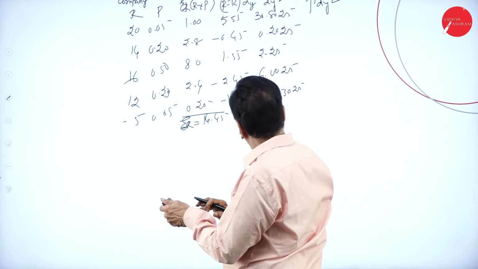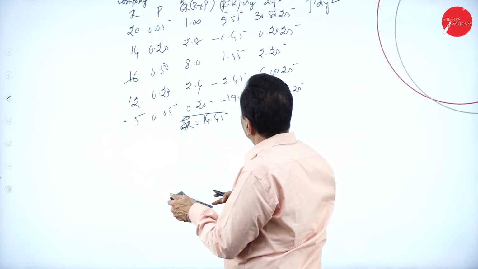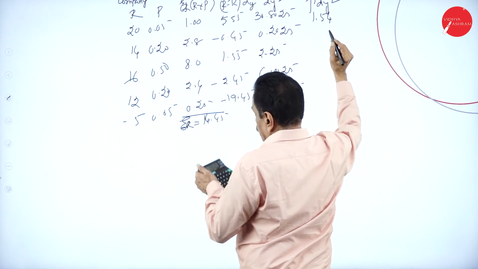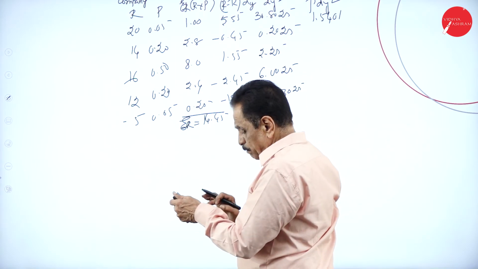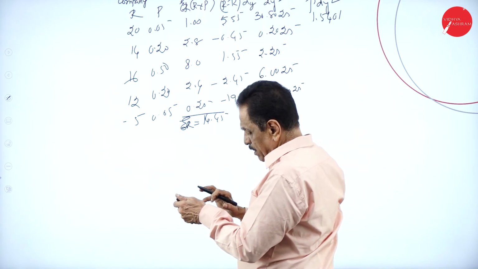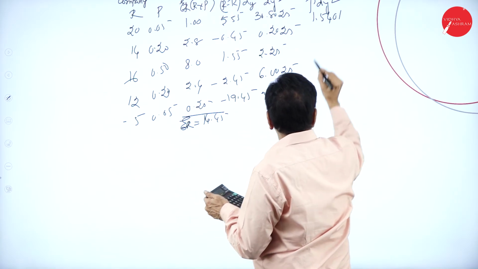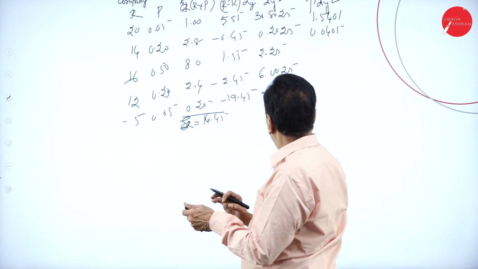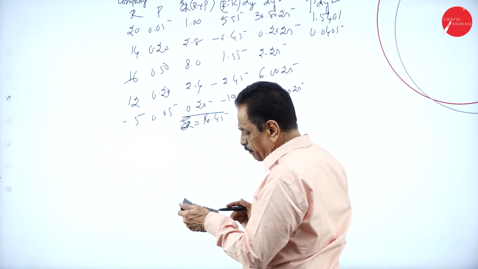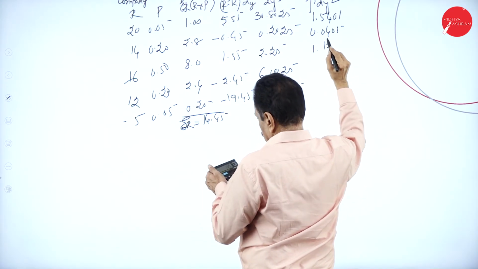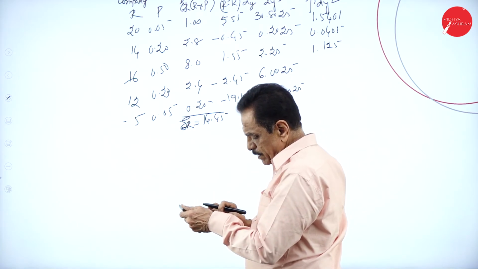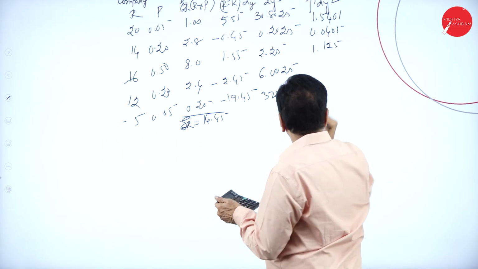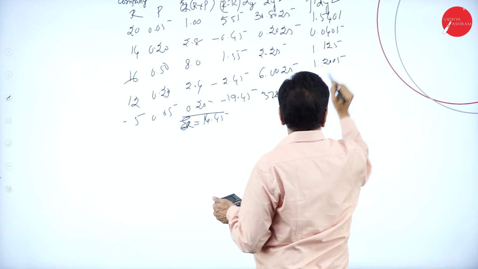30.8025 into 0.05, 1.5401. 0.2025 into 0.20, 0.0405. 2.25 into 0.50, 1.125. 6.0025 into 0.20, 1.2005.